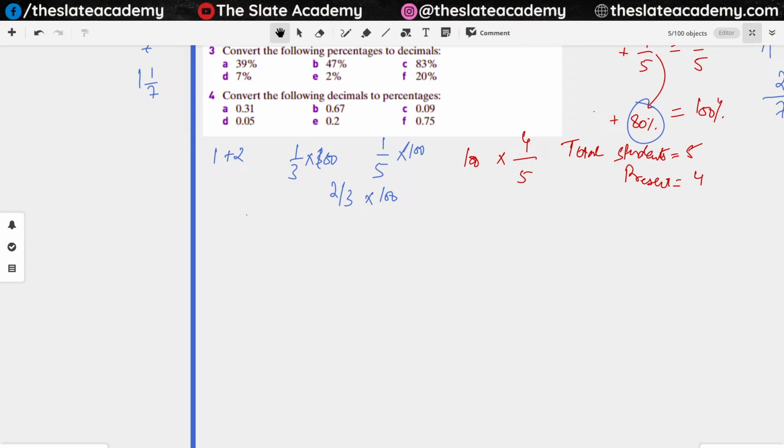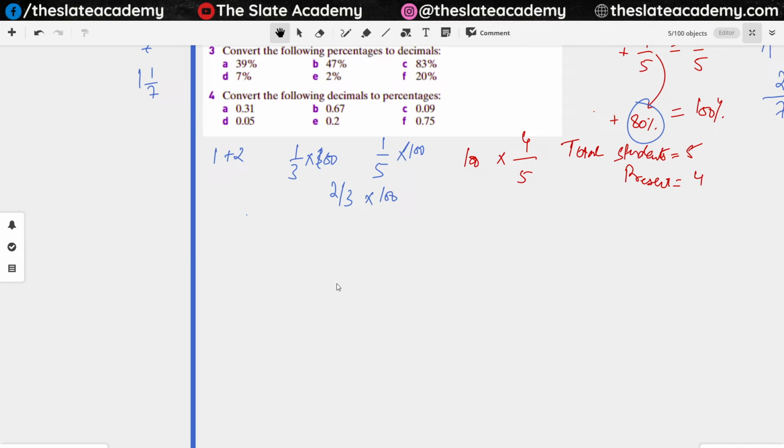Convert the following percentages to decimals. All right, answer for part A. 39%, it's already given. Previously, you had fractions and you were converting them into percentages.